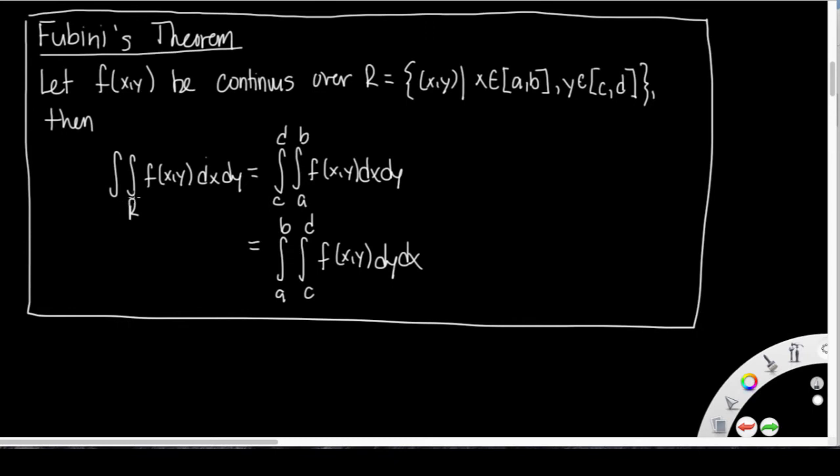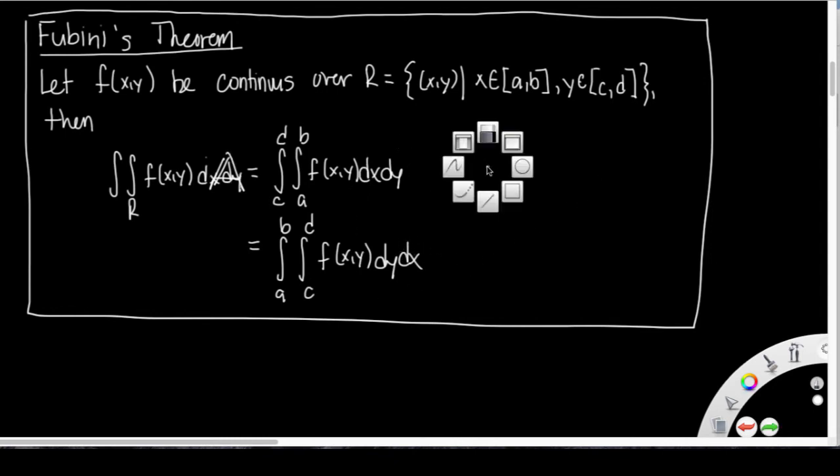Then the double integral over the region R of f of x, y, dA equals the double integral from C to D, A to B of f of x, y, dx, dy. And this also equals the double integral from A to B, C to D of f of x, y, dy, dx. Now, if you can tell the difference between these two integrals here, all we're switching is the bounds. And if we switch the bounds, then we switch our differentials.